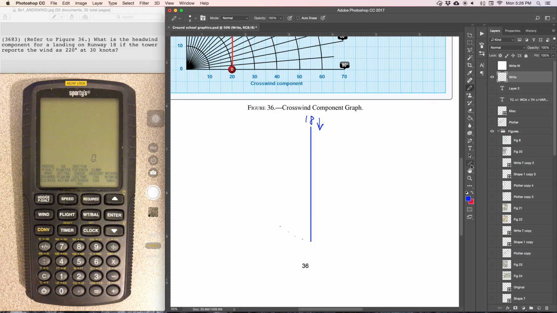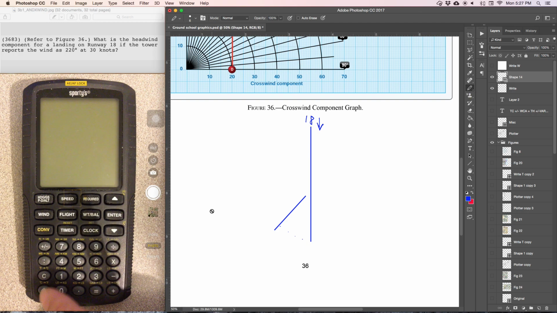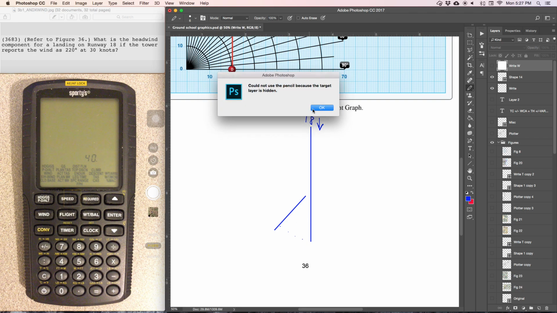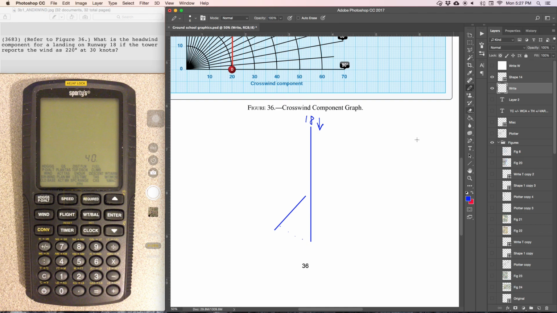So winds are going to be at about this angle to the runway. And we can go ahead and say winds 220 minus 180 is about a 40-degree crosswind. So we've got about 40 degrees here.